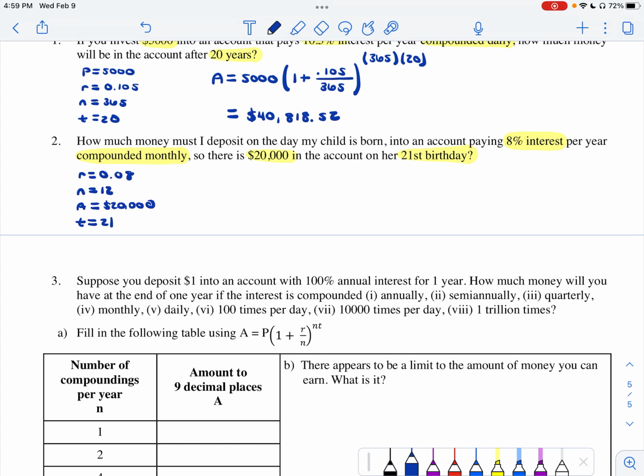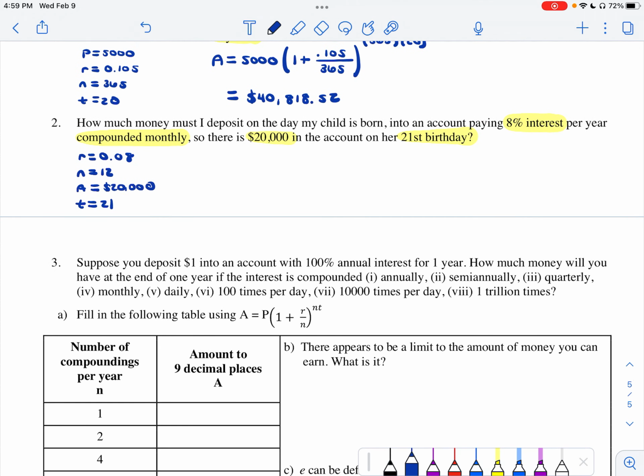Okay. All right. So now we're again going to plug this information into our formula. So our A value, $20,000, is equal to P, which is our unknown this time, and then parentheses, 1 plus 0.08 divided by 12 raised to the power of 12 times 21.